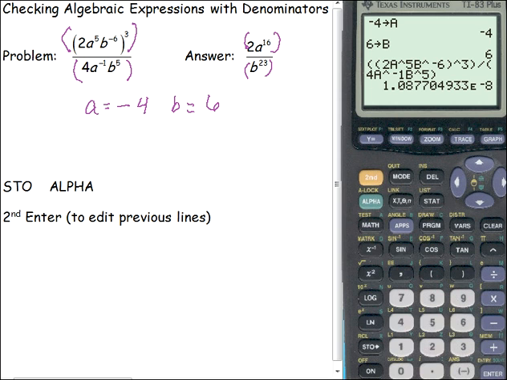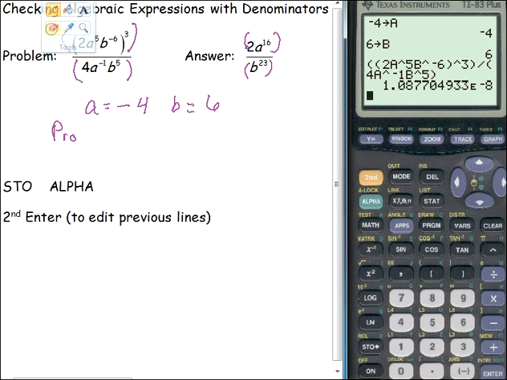Okay, and so I'm going to write that down. You need to write down what you're using and then write down what you get for the problem, or the original. I think I'll call it original. Let's erase that.